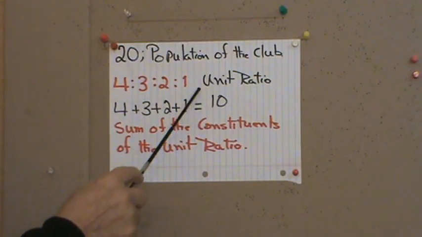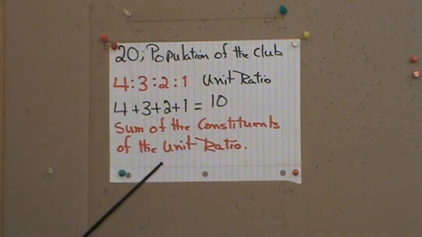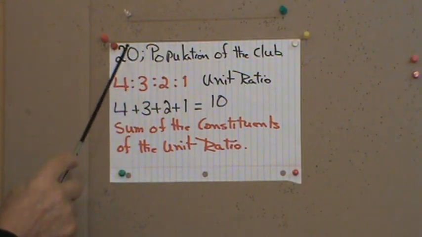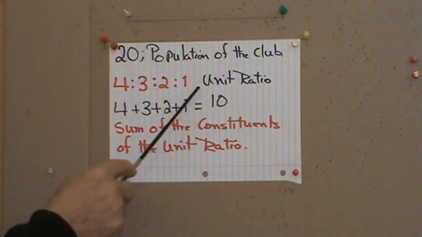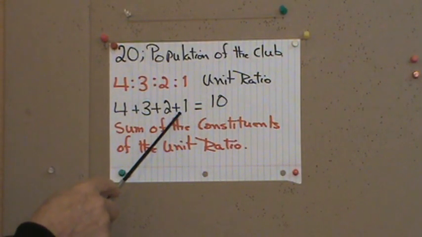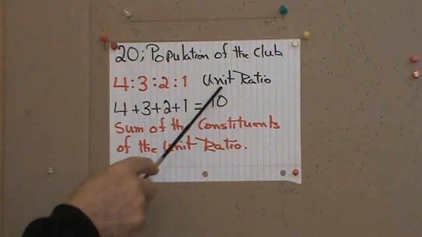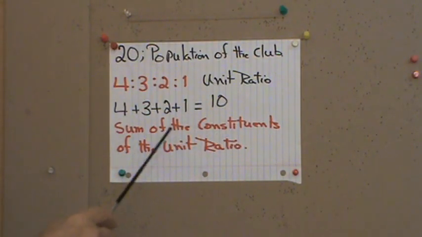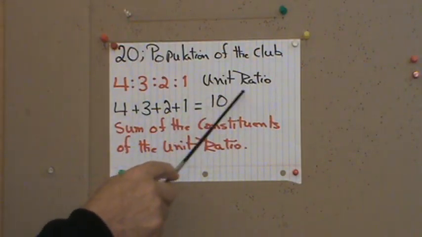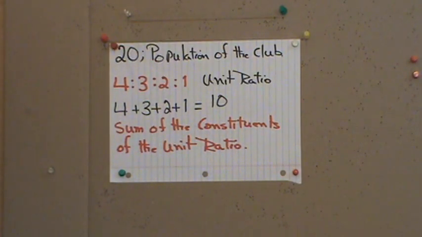Then we added all these constituents of the unit ratio, 4 plus 3 plus 2 plus 1, and we end up with 10. That is the sum of the constituents of the unit ratio, which I call the unit length.